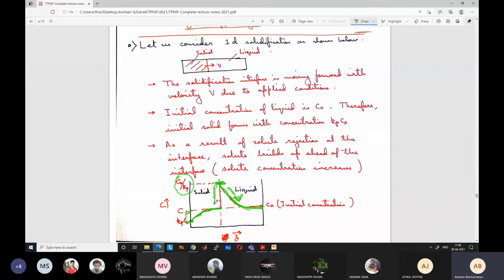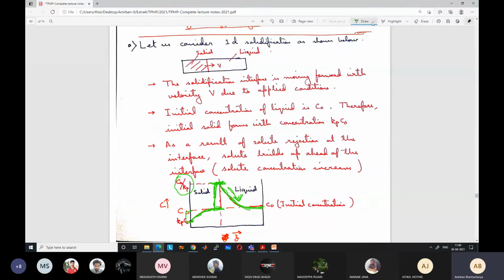If new solid forms, at that point the liquid concentration was C0 by Kp, but the new solid forms with a concentration of C0. As a result, C0 by Kp minus C0, this amount, is the extra amount which is not going into the solid.